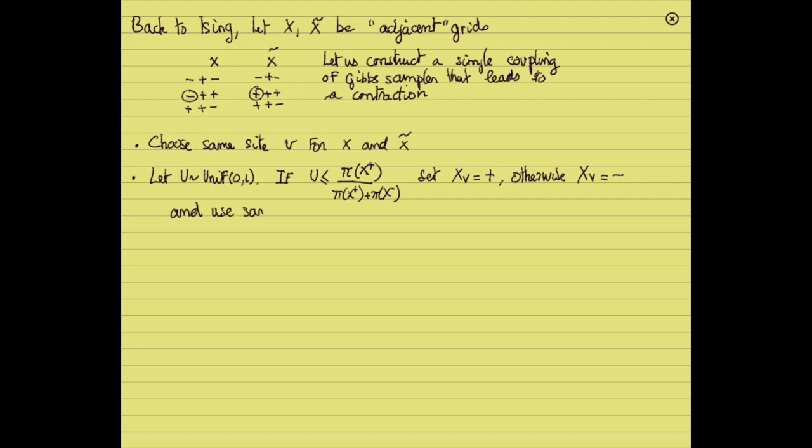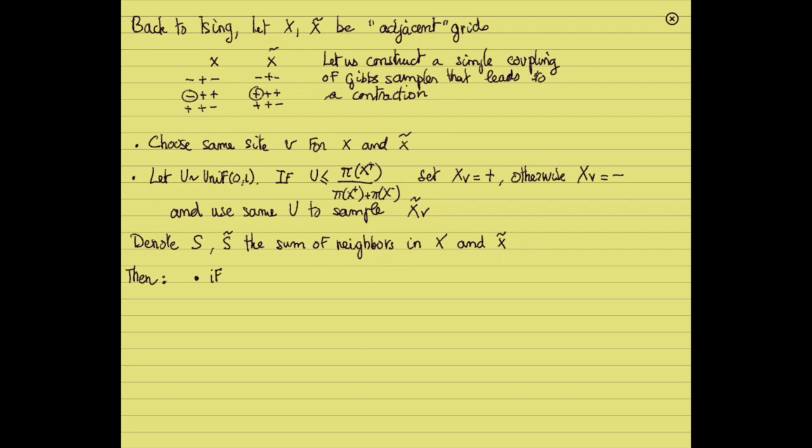So there's a maximal chance of obtaining the same spin in the grid X and in the grid X tilde at location V under the probabilities given by the target pi. So we will denote by S and S tilde the sums of the neighbors at location V. We drop V from the notation because everything from this point onwards will be at location V. So that's the site selected for this update.